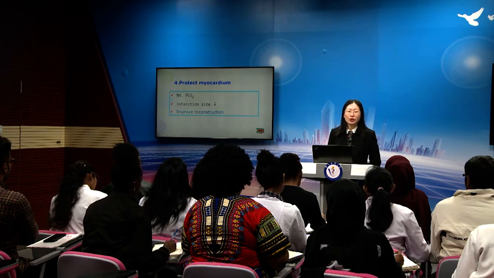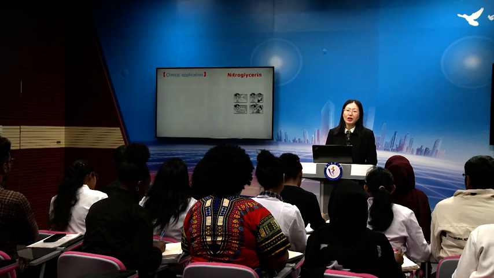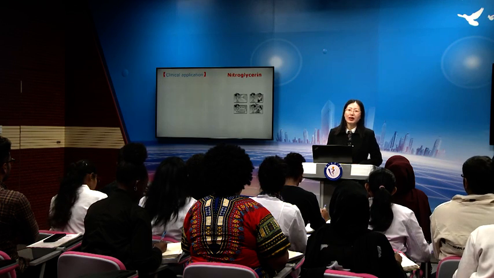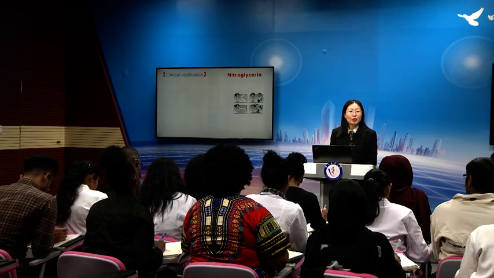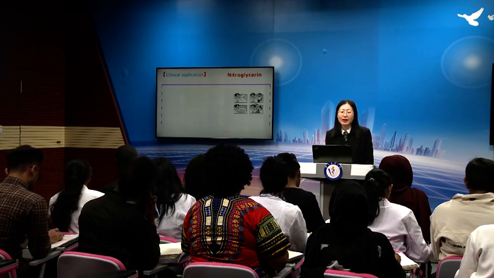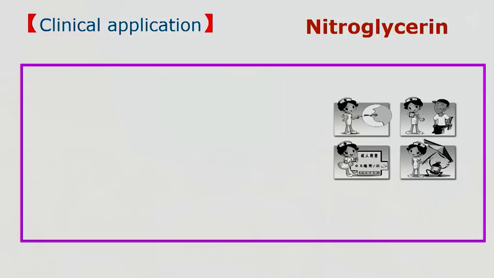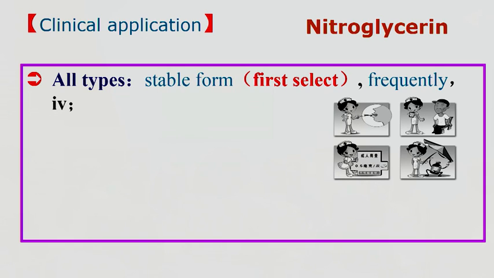So we can use it to treat angina. Let's study nitroglycerin's clinical use. Nitroglycerin today is used for the treatment of angina. Just now we divided angina into how many subtypes? Three, yes. For all subtypes of angina, we can use nitroglycerin. Most patients have stable angina.